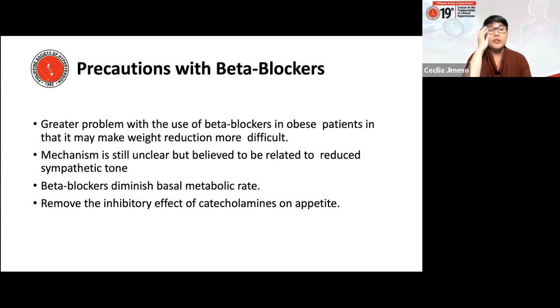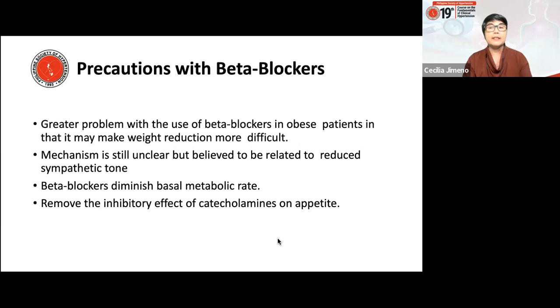Now, the precaution with using beta blockers: the mechanism is still unclear, but it could potentially make weight reduction more difficult. And it might be related to the reduction in the sympathetic tone, as beta blockers diminish the basal metabolic rate. Potentially also, when you use beta blockers, there may be an inhibitory effect of the catecholamines on the appetite.